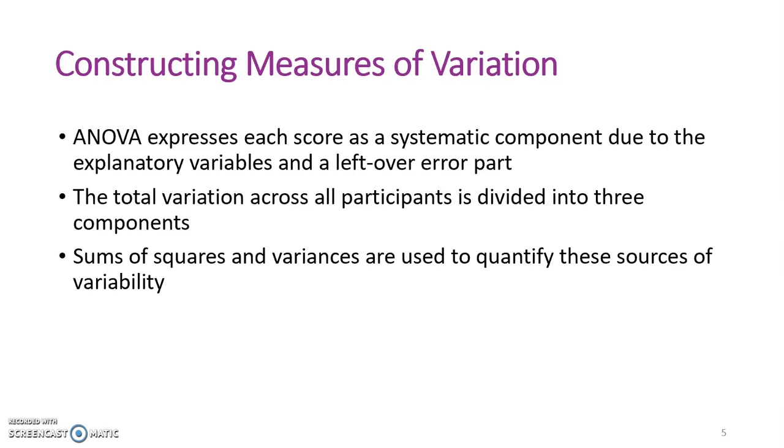The three components are the systematic variation from predictor 1, the systematic variation from predictor 2, and then what's left, essentially. We're going to use the sum of squares and the variances to quantify these different sources of variability.